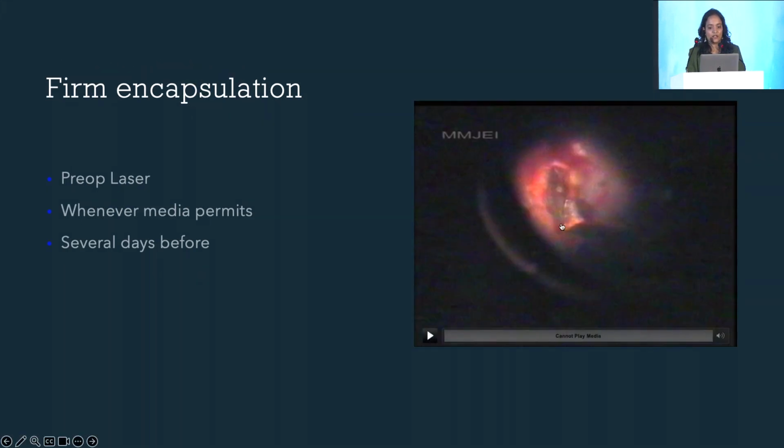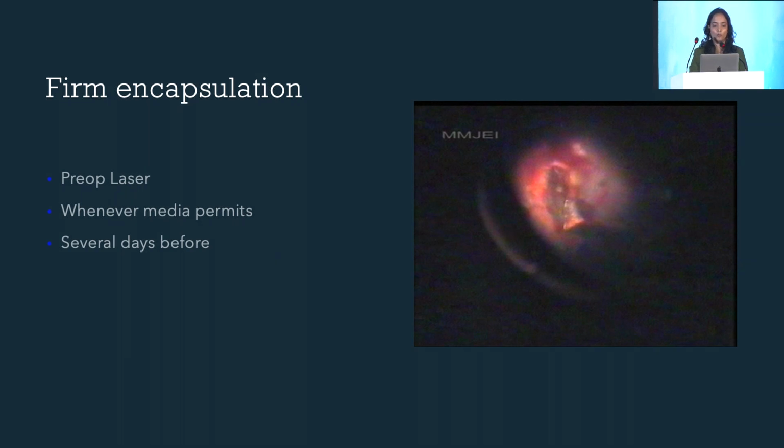This is a scenario that we can encounter where there is a firm encapsulation of the foreign body by the coats because of an inflammatory reaction. So whenever the media permits, if possible, pre-operatively, even several days before, we can opt to laser around this foreign body and its encapsulation so that during surgery at PVD induction, which again has to be at the margin of this foreign body, it can prevent a tear formation.